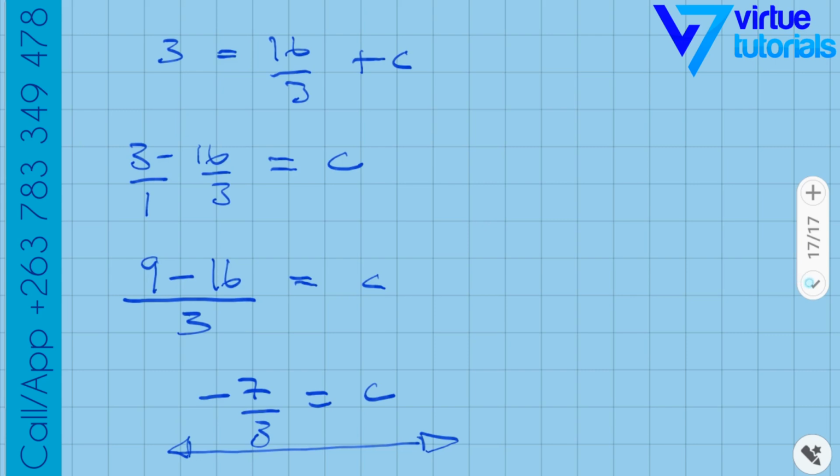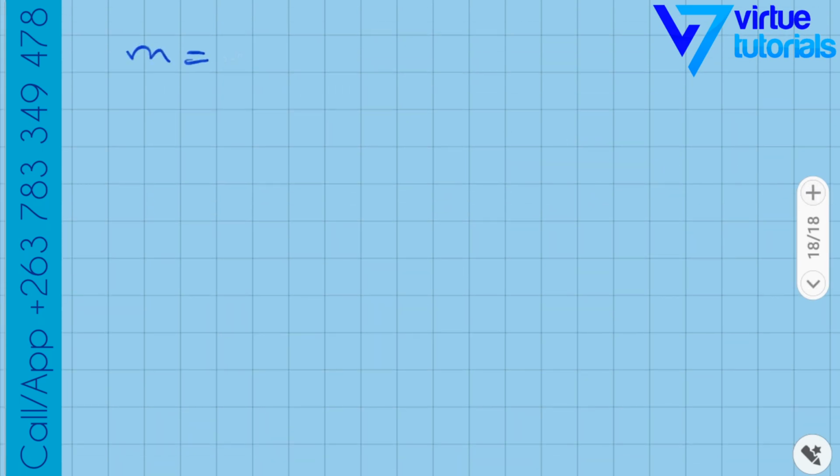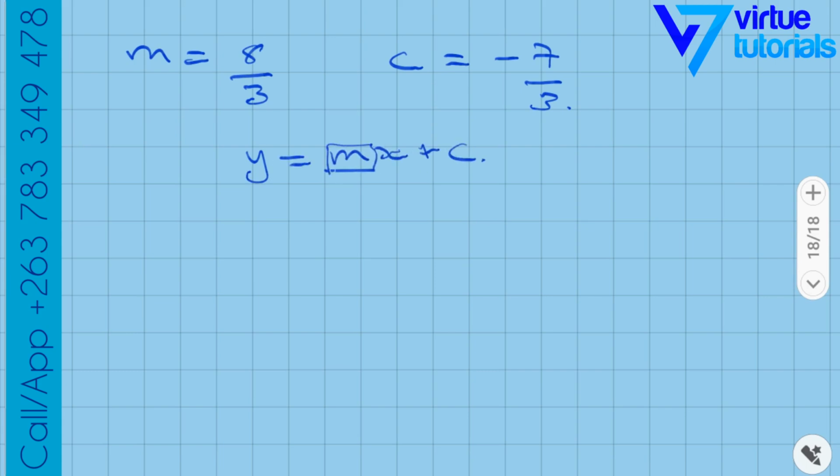Now, if you've noticed, we found our value for m, right? Our value for m was 8 over 3. Our value for c was minus 7 over 3. Now, since we know y is equal to mx plus c, we can replace our m and our c, and then we'll get y is equal to 8 over 3 x minus 7 over 3.